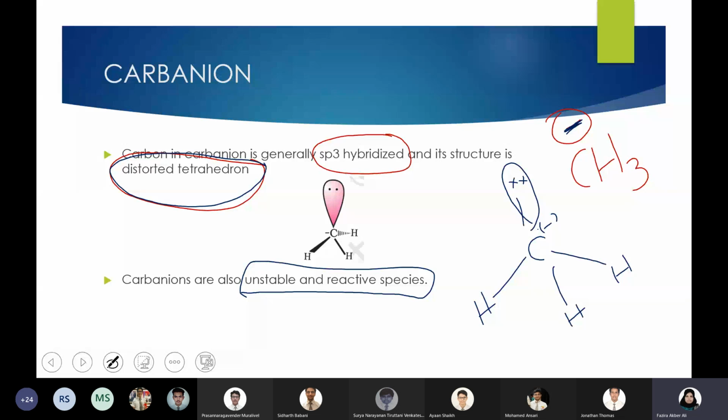Here it carries a negative charge, so it is very reactive. So this is what I needed to discuss in carbanion. We will be using these terms throughout our organic discussion.